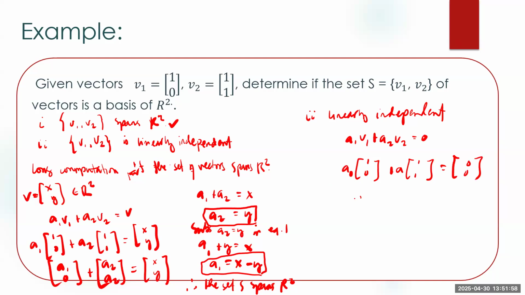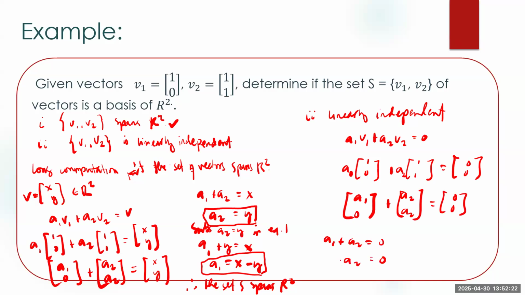Then distribute: (a1, 0) plus (a2, a2) is equal to (0, 0). We now have two equations, two unknowns. We have a2 equals 0. As you can see, we already have a value for a2, which is equal to 0.